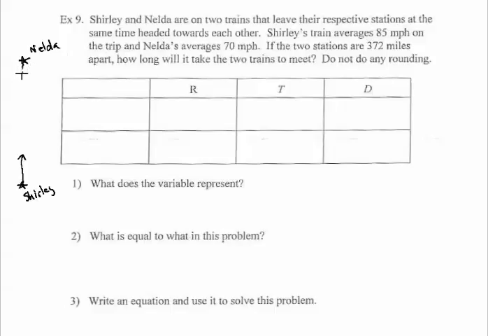So maybe draw this arrow down. And then it tells us that the two stations, which my stars represent, are 372 miles apart, and Shirley and Nelda are headed towards one another. So over to the side I'll draw a dimension, and I'll label this with 372.